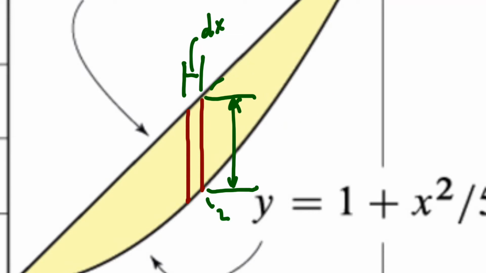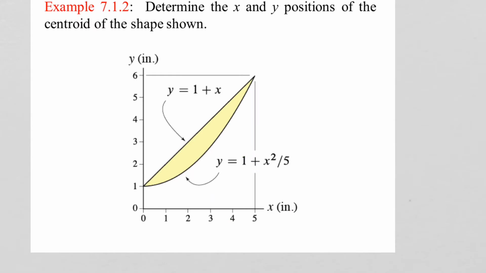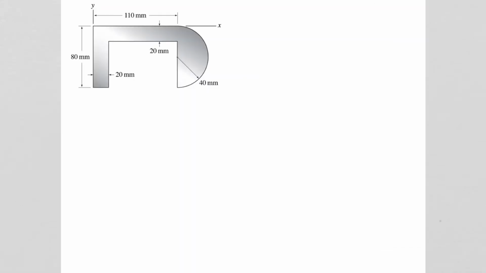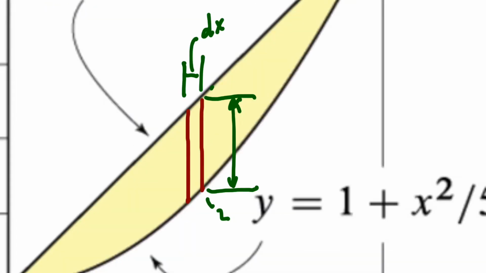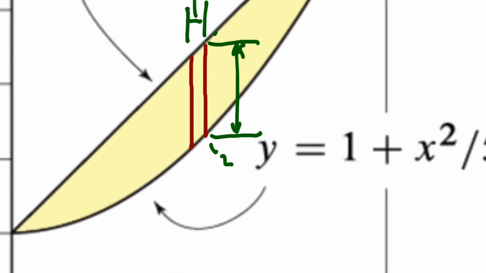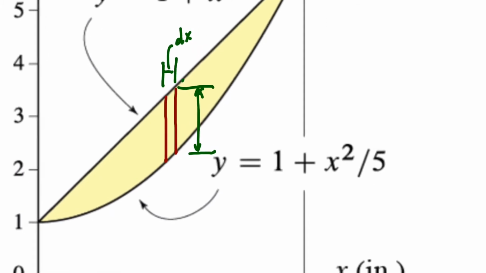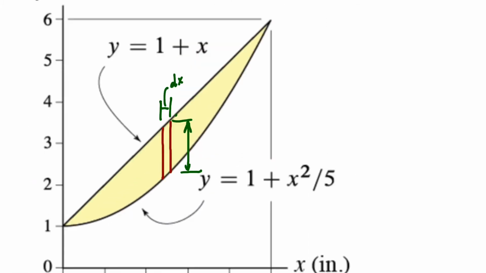So if I take the equation from above and subtract the equation from below, I will have that height. Okay, so this height, if I use those two equations, is going to be y top, with a t, minus y bottom, with a b.